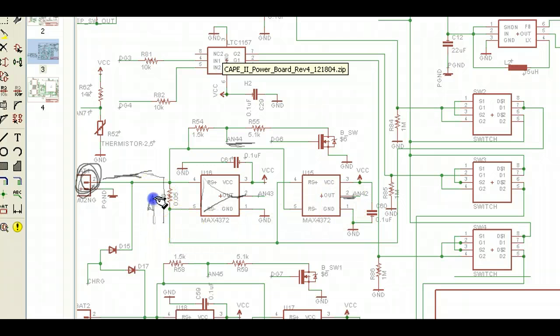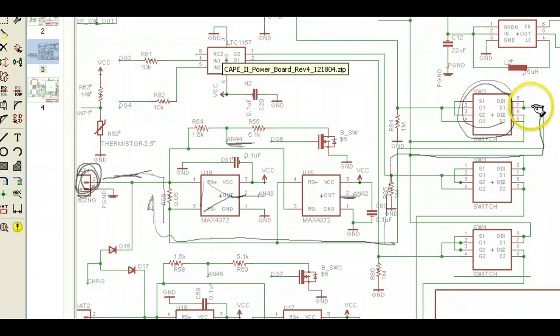So current progresses along this line, and it comes over here, and this is a switch. This chip here is 2 FETs in series, and we control this switch via the PIC, and this delivers power to the always-on bus. So we have 3 of these things. They're just identical, and there's 3 switches.